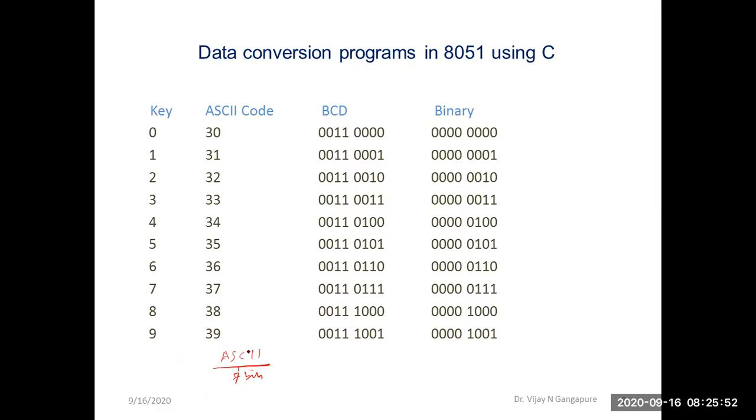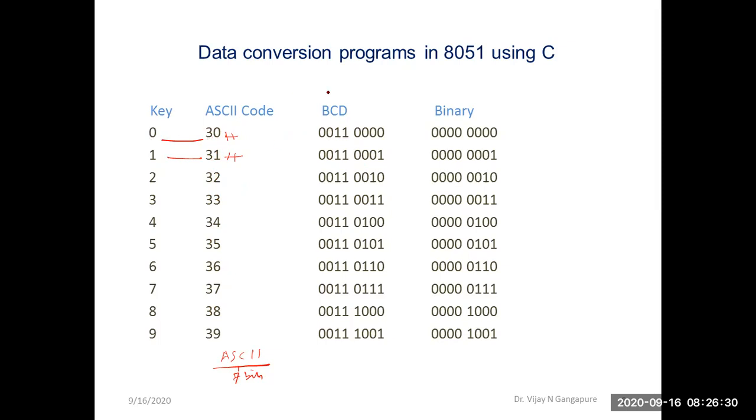You can easily find these ASCII codes when you search on Google. In that, the key zero has ASCII code 30, and one has ASCII code 31. These 30, 31, 32 are written in hex, so they are hexadecimal numbers, which are ultimately binary. When you convert 3 to binary coded form in BCD, it becomes 0011.